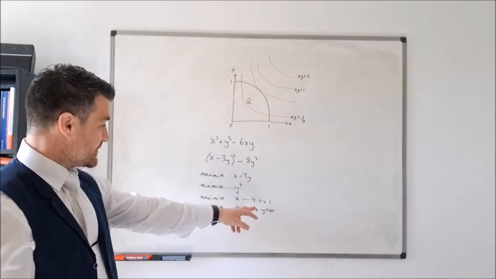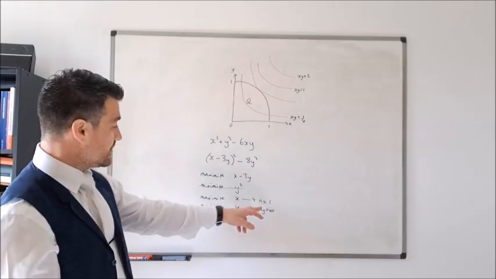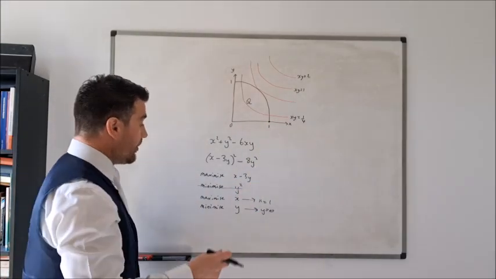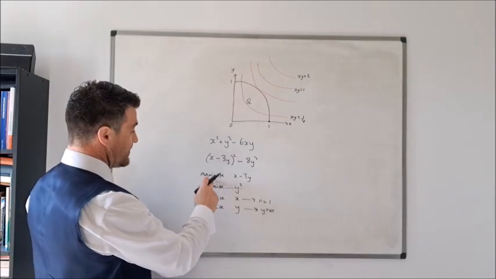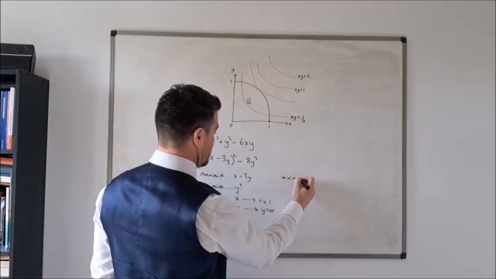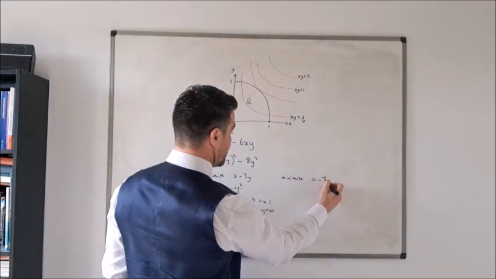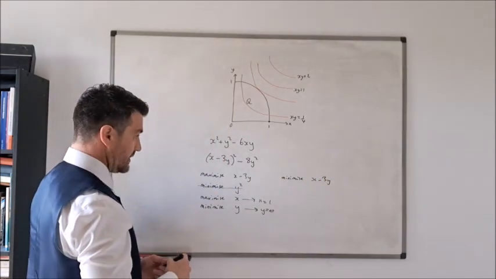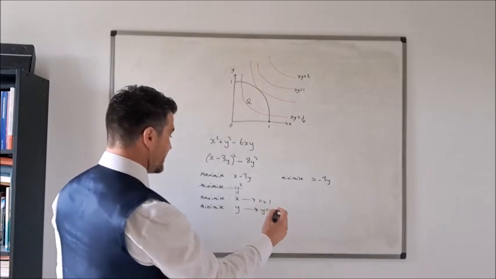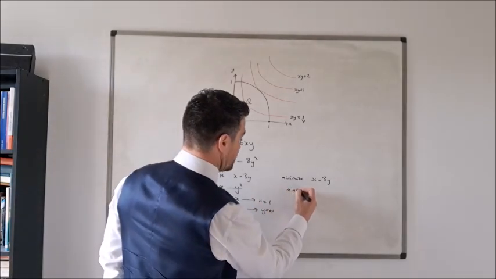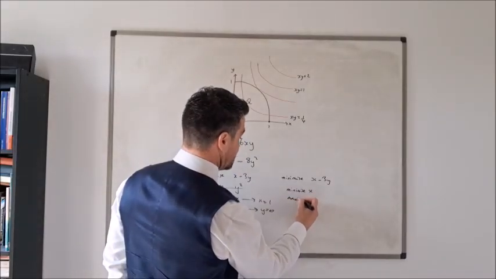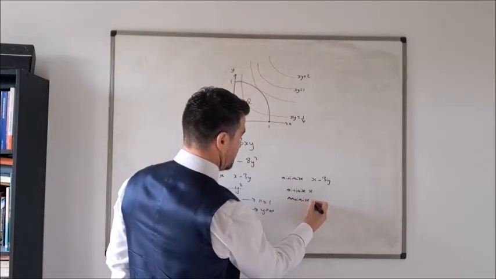So what does this correspond to? It corresponds to the point x equals 1, y equals 0. That's here. On the other hand, as I was saying before, I could minimize x minus 3y, which is going to amount to me minimizing x and maximizing y.